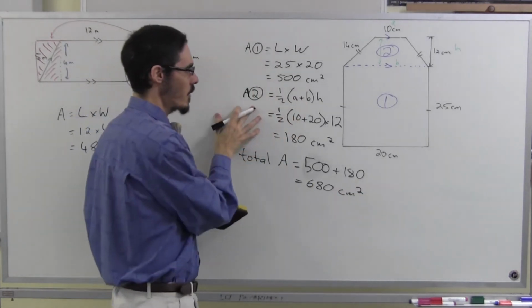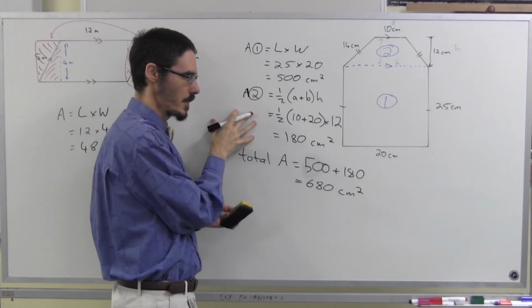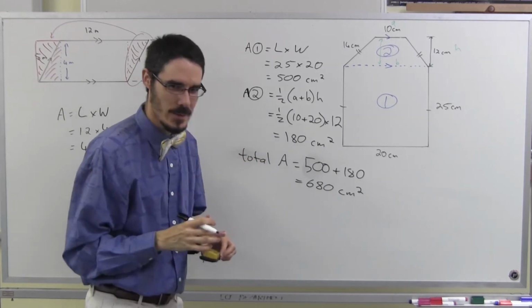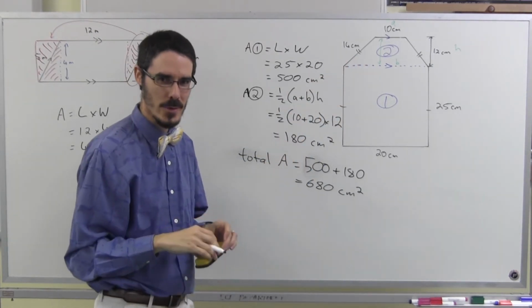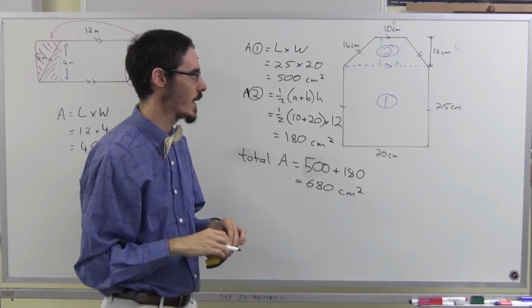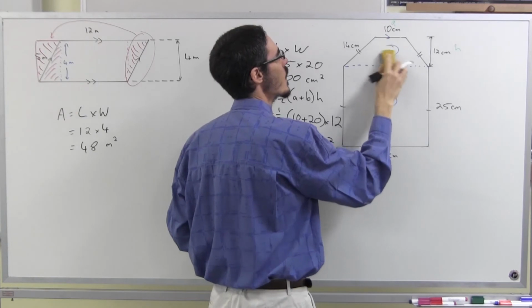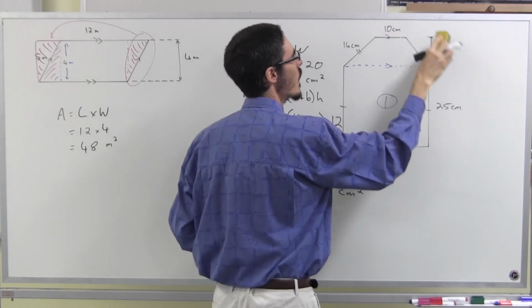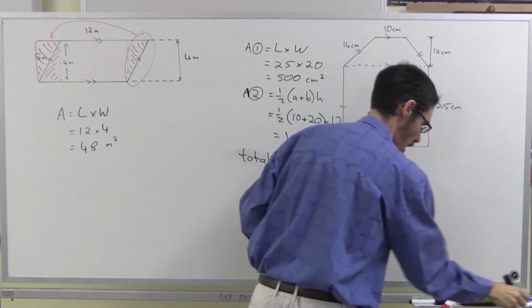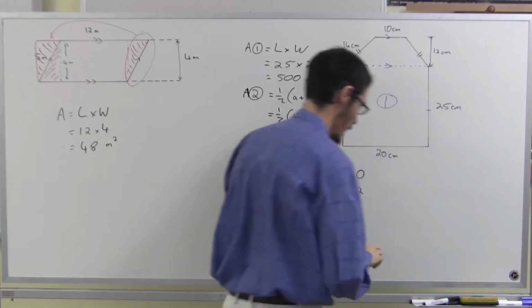But what if you can't remember that formula? What are we going to do? Well, what we're going to do is break this trapezium up into 2 or 3 separate shapes. Let me show you. Okay.